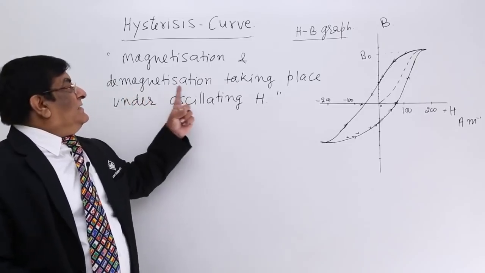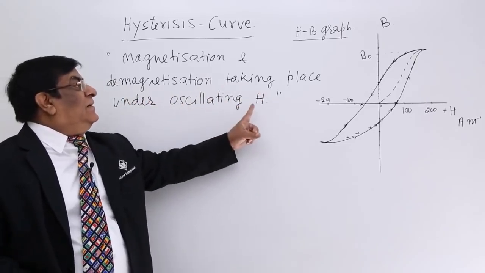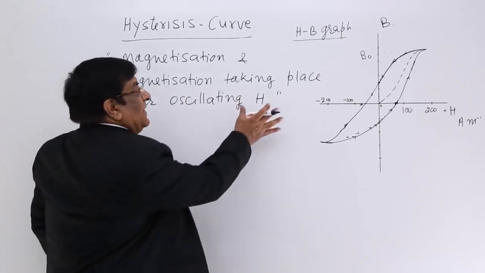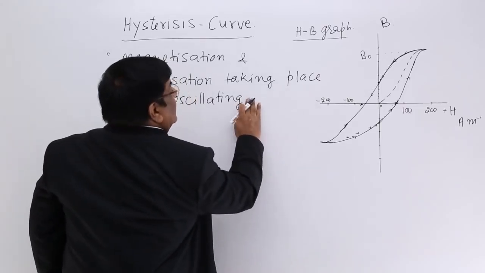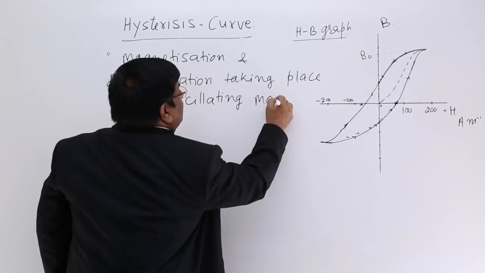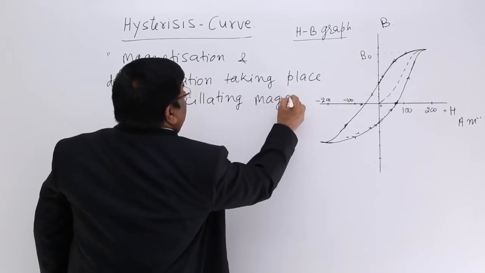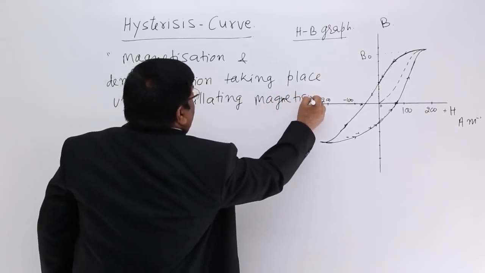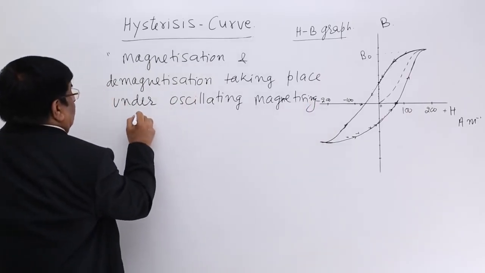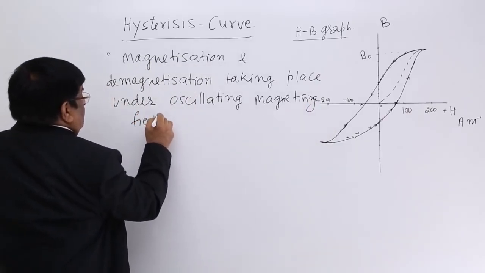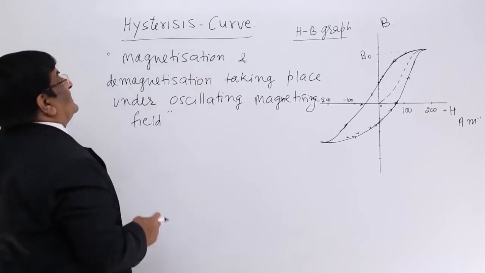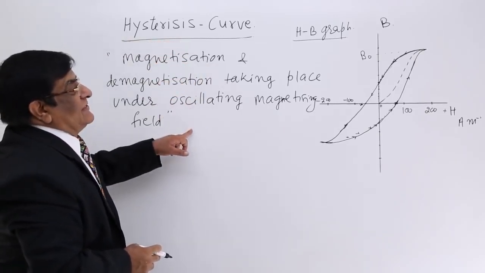Magnetization and demagnetization taking place under oscillating H. If I write this, then H is what? Magnetizing field. Okay. This is what's happening in a hysteresis curve.